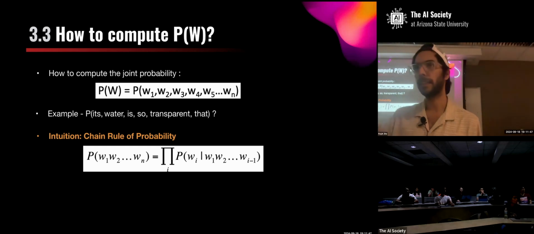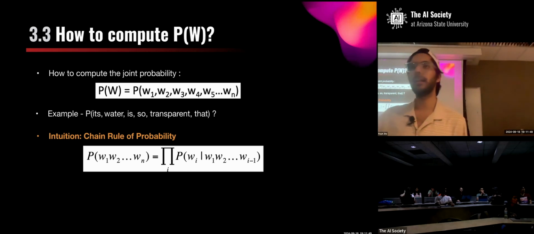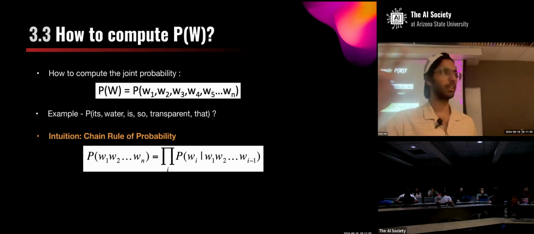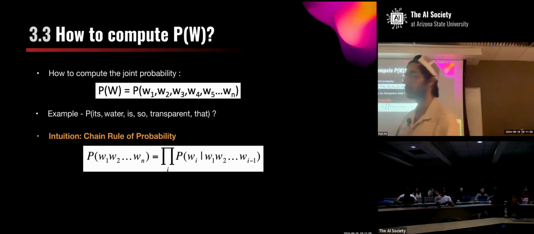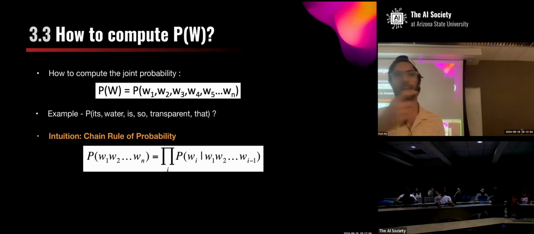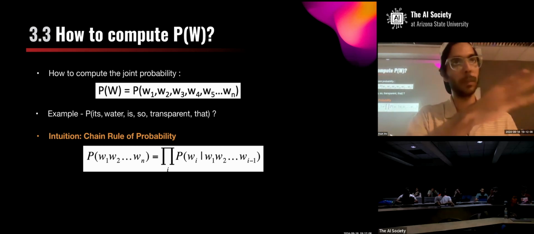Probability of NLP into probability of is given NLP, the second word given the first word, into probability of fun given the first two words. You can expand it to n number of words, like the probability of the nth word given the first n minus one words. This is the chain rule, and you multiply it.